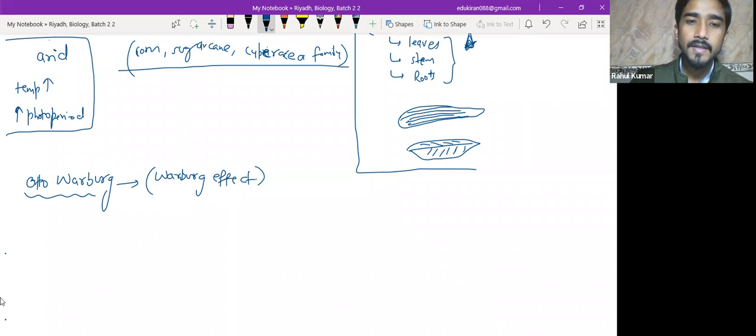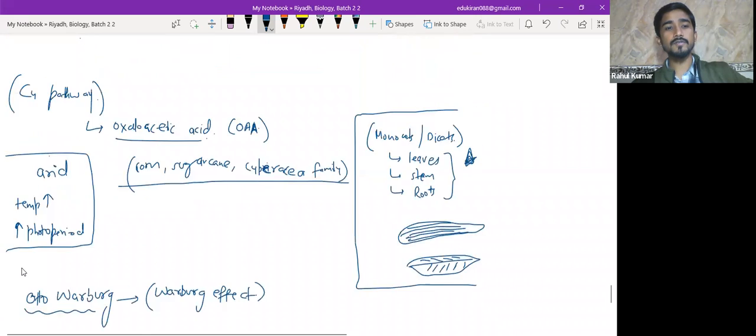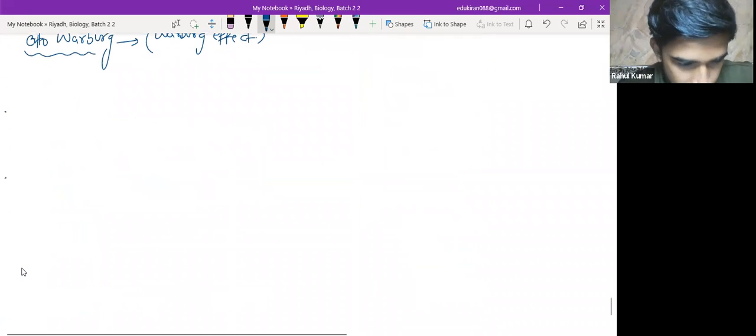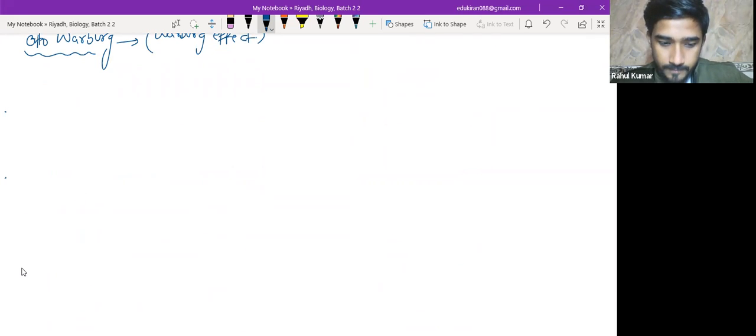Now write down, there is one more name for C4. The C4 pathway was discovered by Hatch and Slack in Australia.